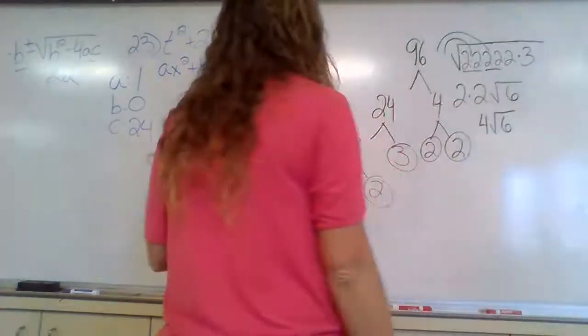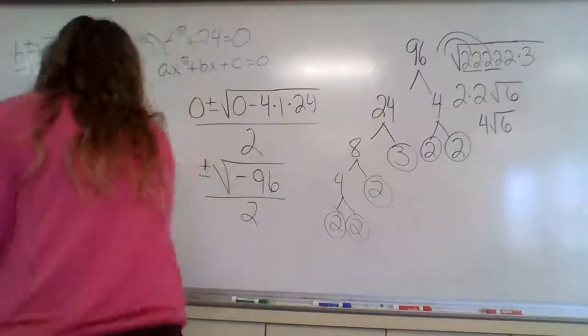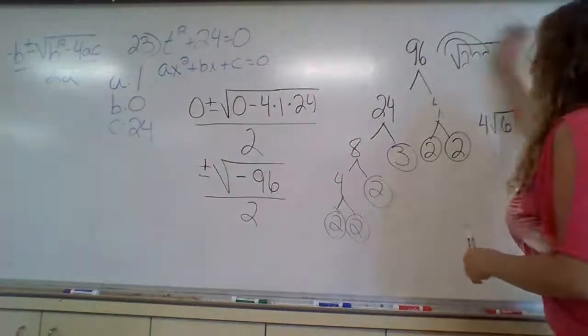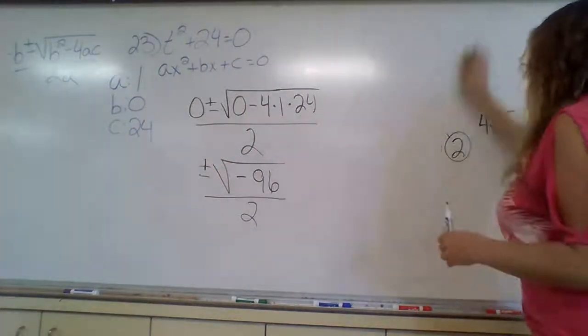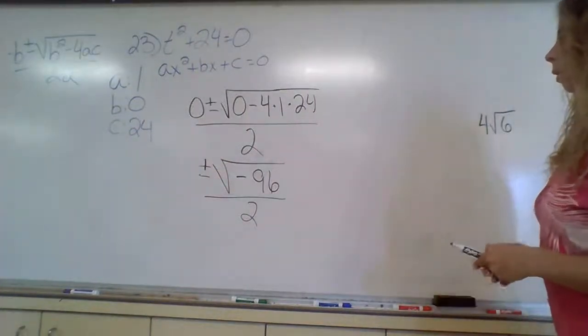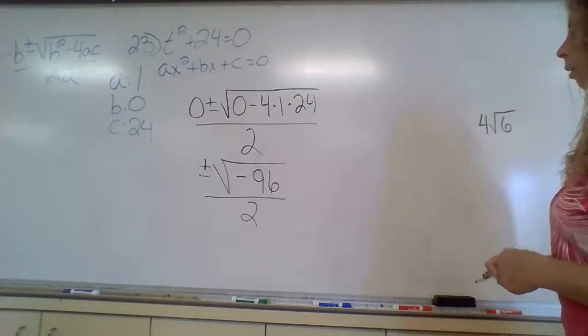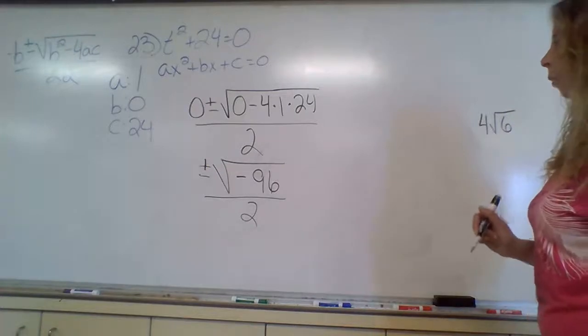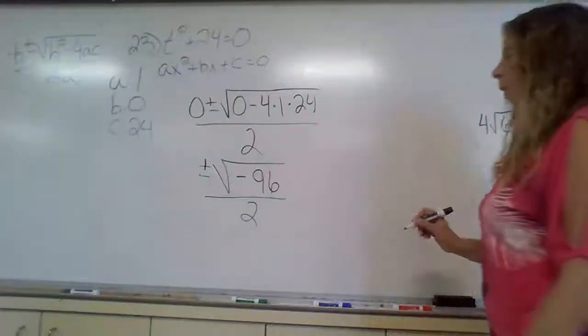Okay, so I'm going to erase all this work because it's taking up a lot of room. Really, I guess what we should have done before, sorry, I'm going to backtrack just a little bit, is this.